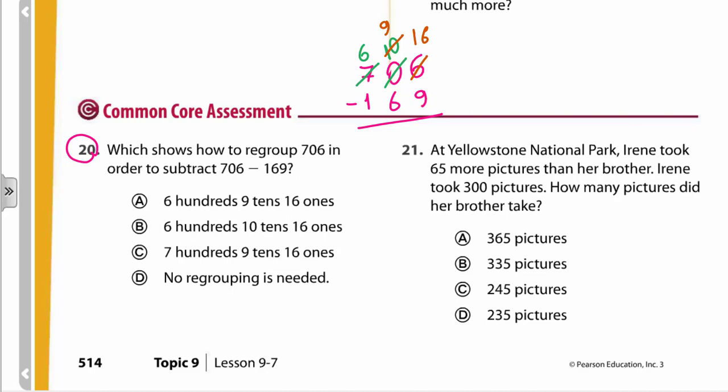Okay, stop. We don't need to subtract. We just need to see what we have here. 706 equals how many hundreds and how many tens and how many ones? 6 hundreds and how many tens?